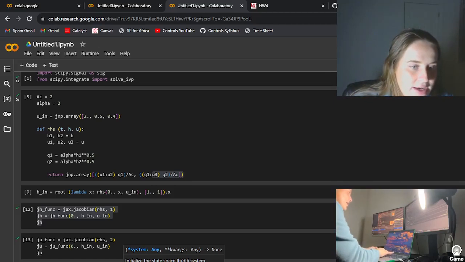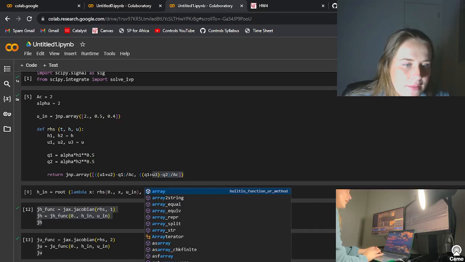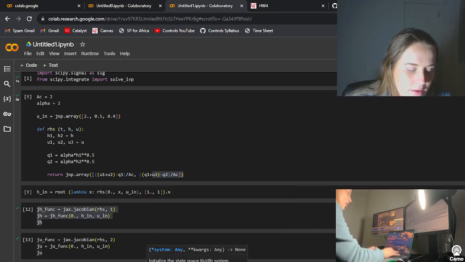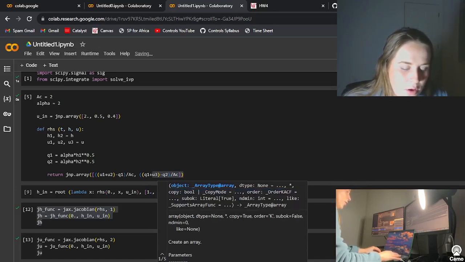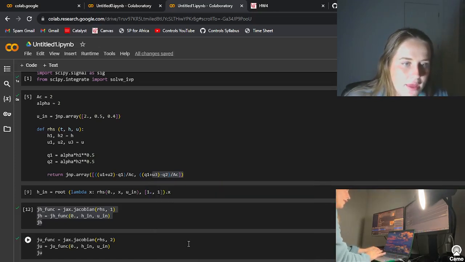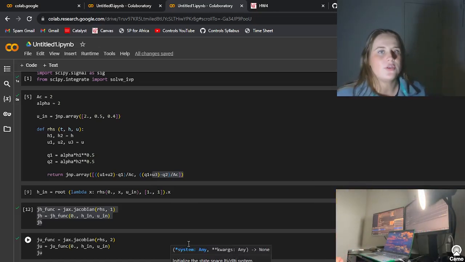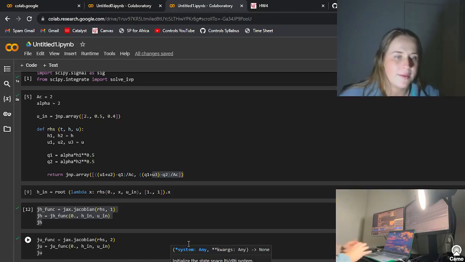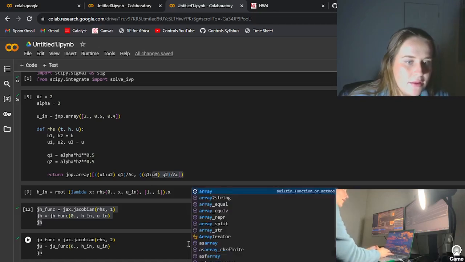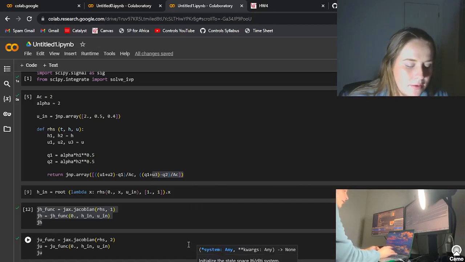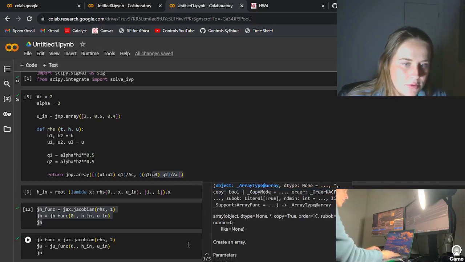So I'm going to put that in as np.array, and that is just 0, 1. And then I am going to do the next array, which was to cancel out all of the U's, so U1, U2, and U3. So again, that's just an array, and that is 0, 0, and 1.